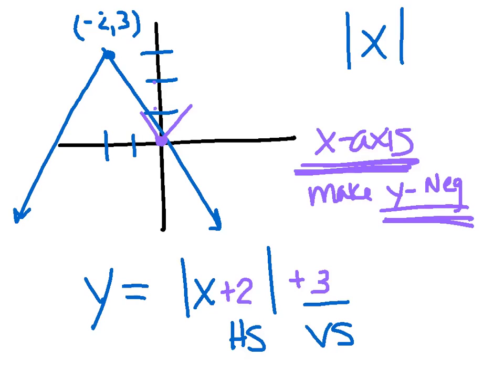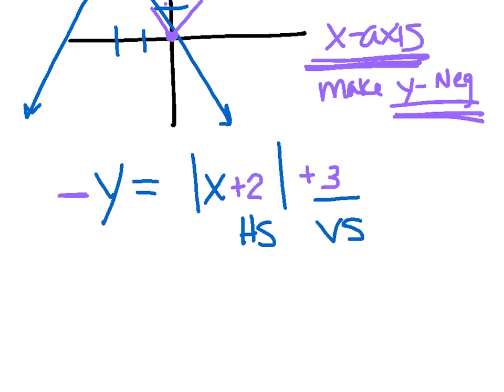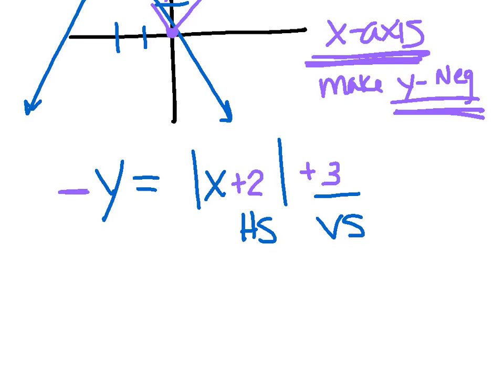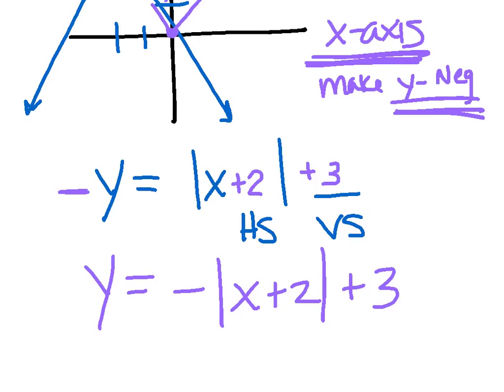Okay, remember you do the opposite. So for the moment, I'm going to put a negative in front of the y. Now, of course, we're not going to leave it like that. I need to bring this negative to the other side. So I'm going to say this is y equals negative absolute value of x plus 2 plus 3. This negative here is telling me that I reflected over the x-axis.